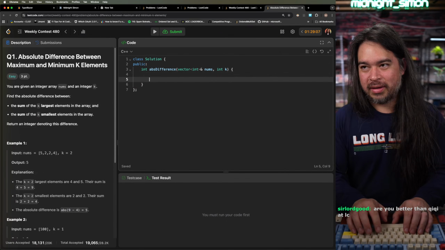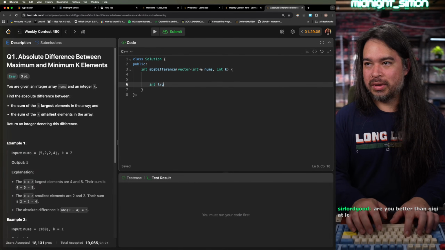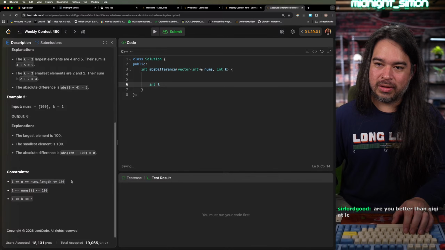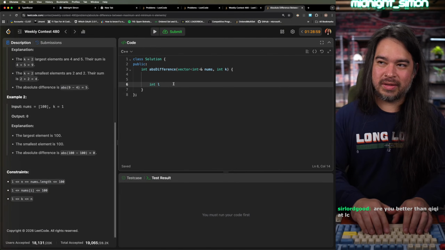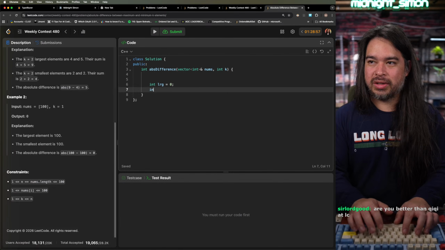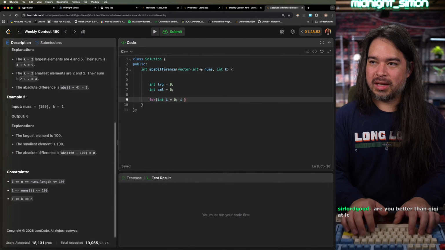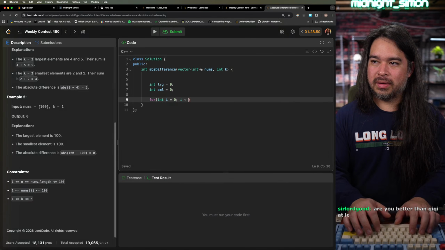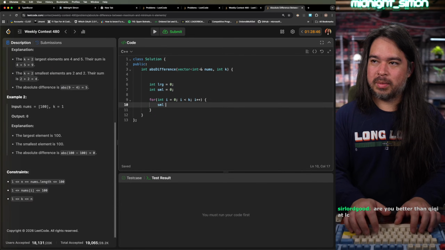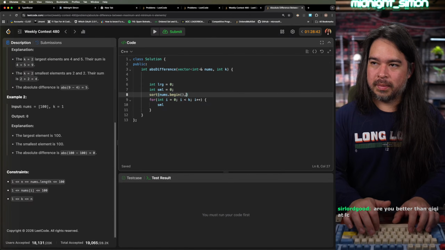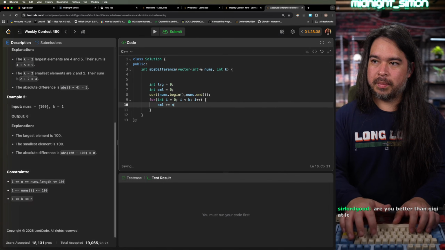All right, easy work. Let me look at the constraints. No risk of overflow with ints, so I'll just use an int for large and small, and then I'll iterate k times. Well, first I'm going to sort them, and then this would be small.